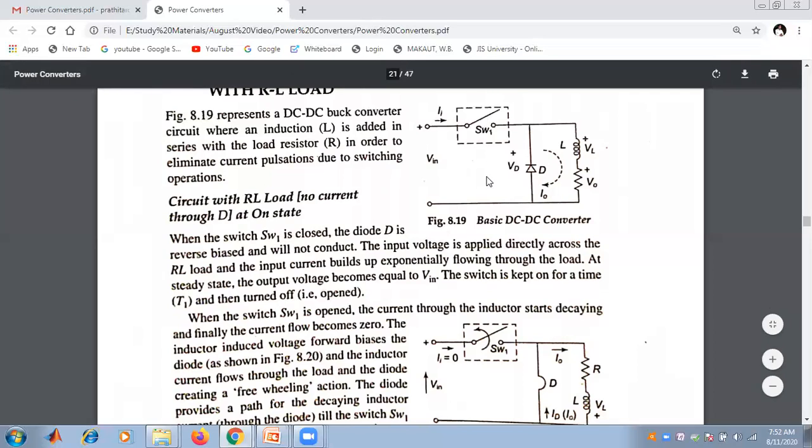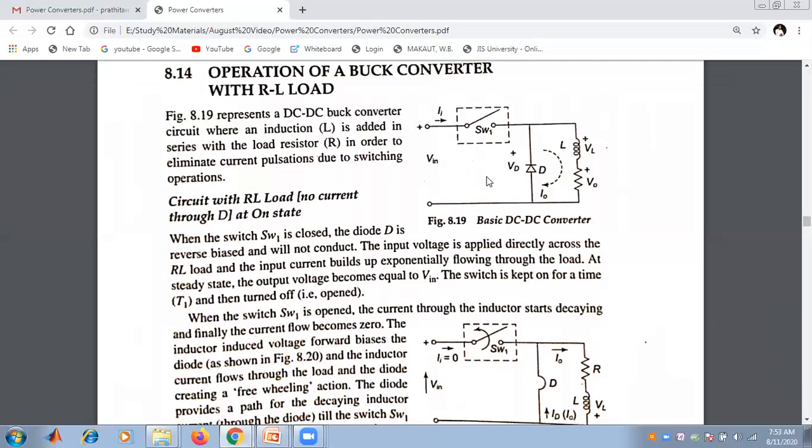When the switch is turned on, this is the direction of the current flow, the entire RL load comes across the source, and the current builds up exponentially, flowing through the load.